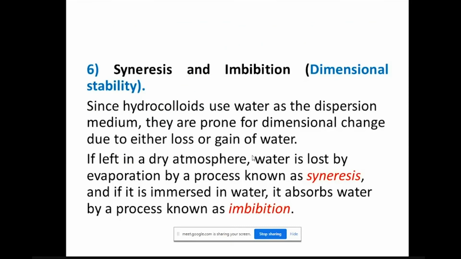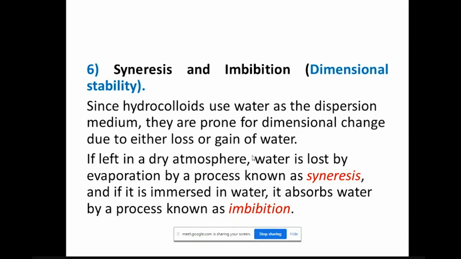Number 6, we have 2 terms, syneresis and imbibition. Both of them affect the dimensional stability. When you remove water from the alginate, it can cause shrinkage of the alginate. This term we call syneresis. When you take an impression and insert it into water, it can take up the water.